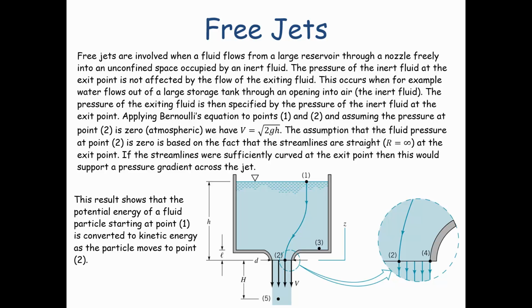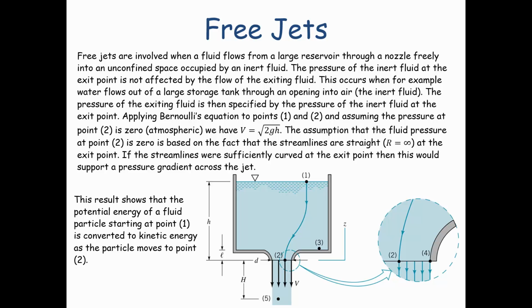It's got an opening in the bottom of that container, and that opening is open so that the fluid can pass out of it. The water level is a height h above the opening itself. The opening has a diameter equal to d, and maybe there's a transition from the tank to the opening.